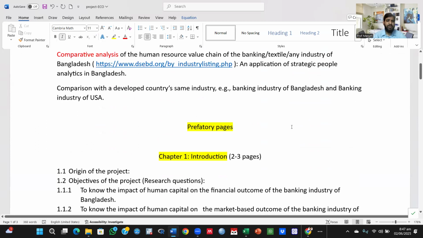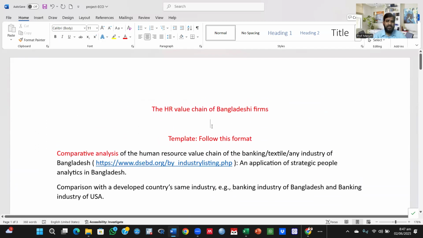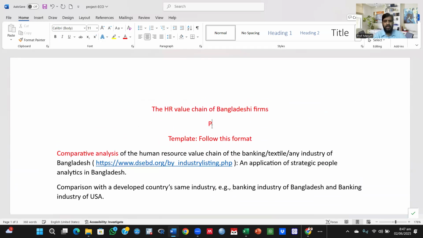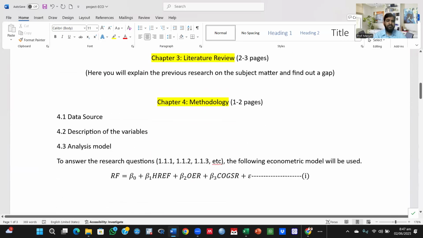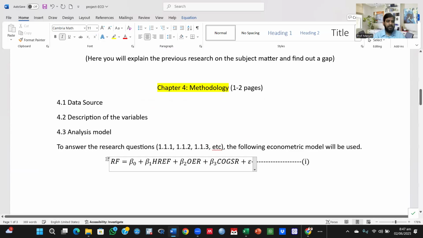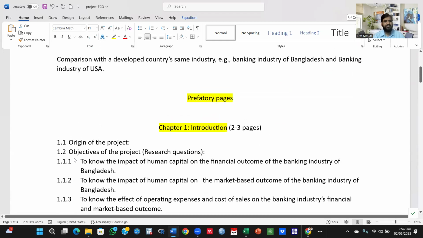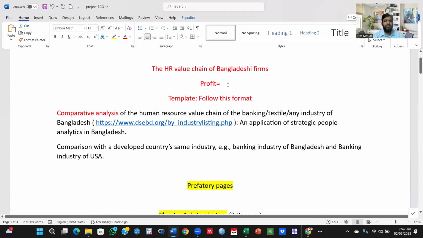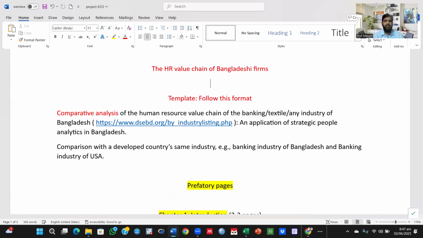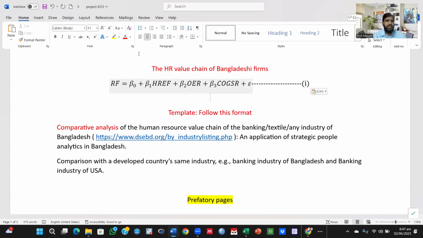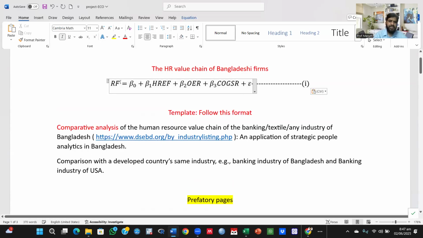So, as per our initial understanding, the HR value chain ultimately will quantify the impact on profit of the company. We are going to quantify the relationship among profit.